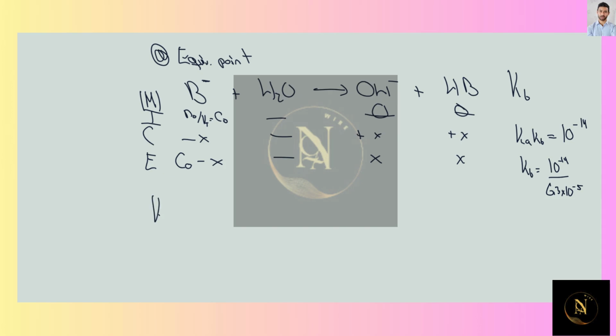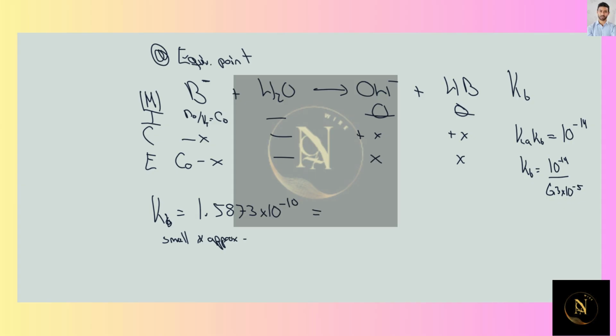Which gives us that Kb is 1.5873 times 10 to the minus 10. So Kb is going to be very, very small. That means that we can employ the small x approximation.